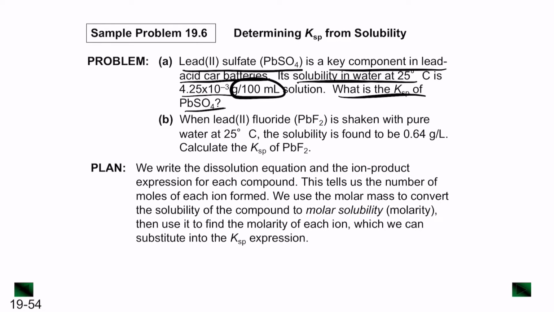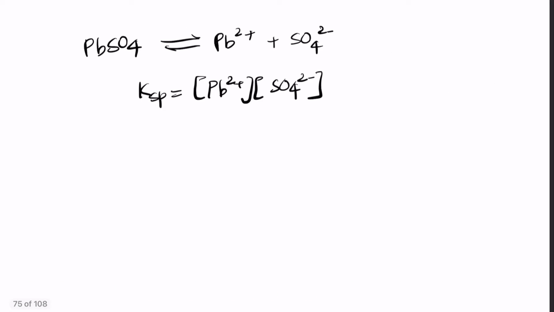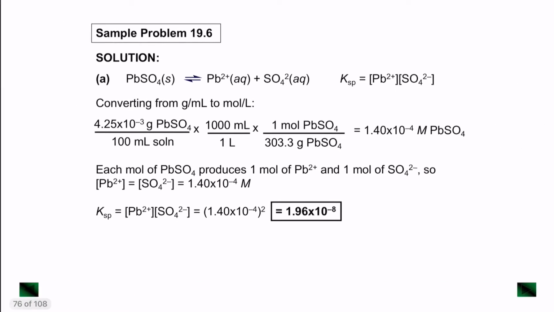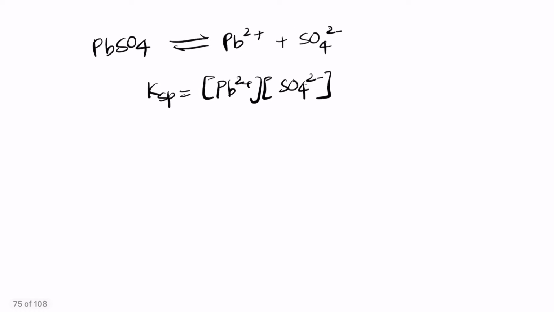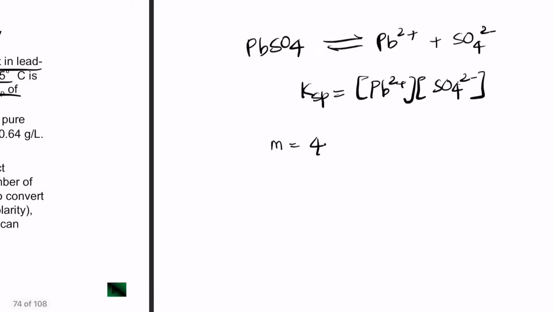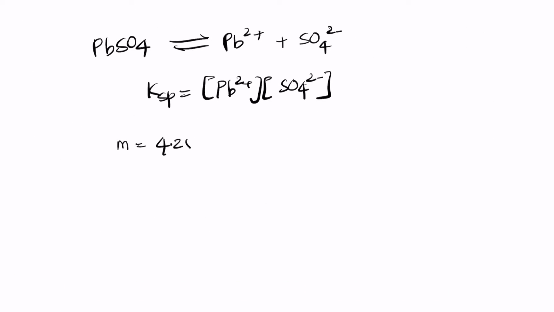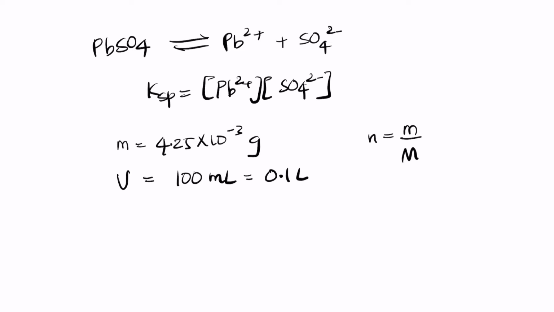First we'll have to calculate the actual concentration, the amount of PbSO4. The mass given here is 4.25 times 10 to the power negative 3 grams, and the volume given is 100 ml. So 100 ml can be written as 0.1 liter, and we have to calculate the number of moles. The number of moles is mass by molar mass.